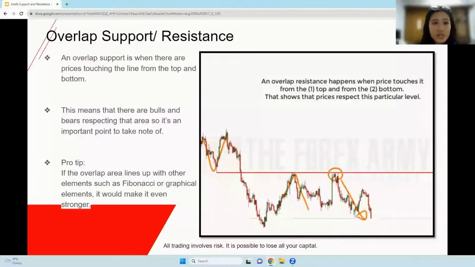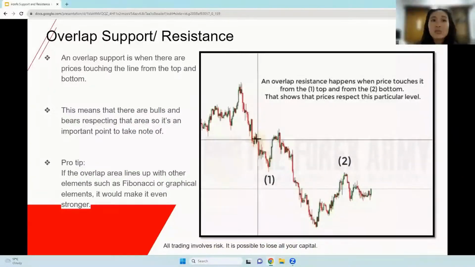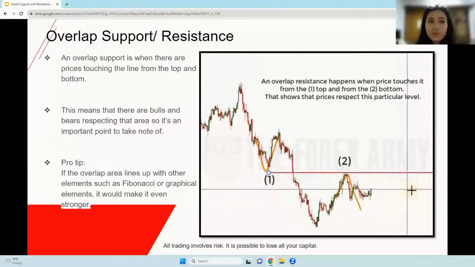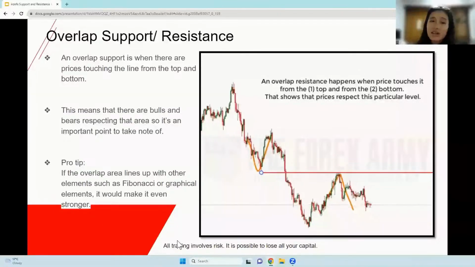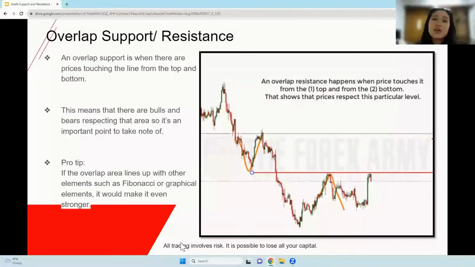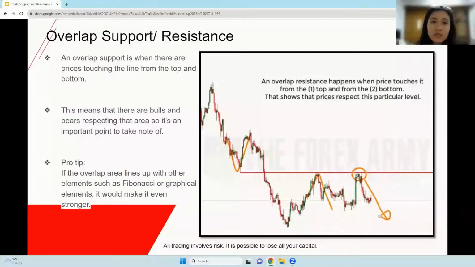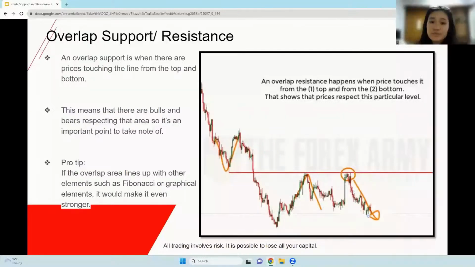The reason is that there are bulls and bears respecting that area, and therefore it's an important point to take note of. Once again, if your overlap area lines up with other elements such as Fibonacci or graphical elements such as moving averages or pivot points, it will make it even stronger.